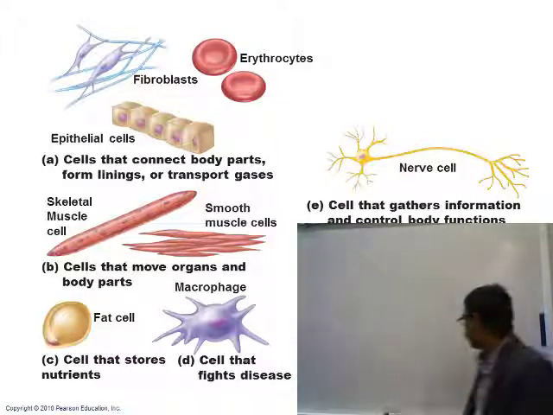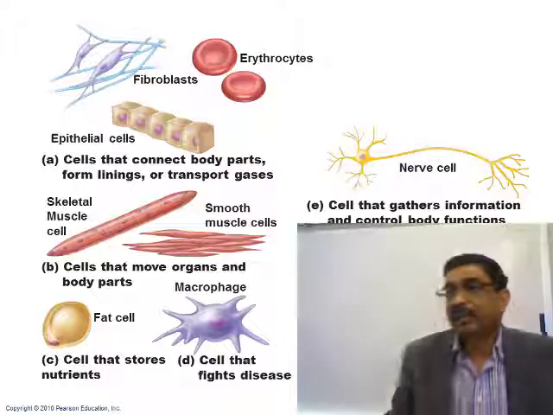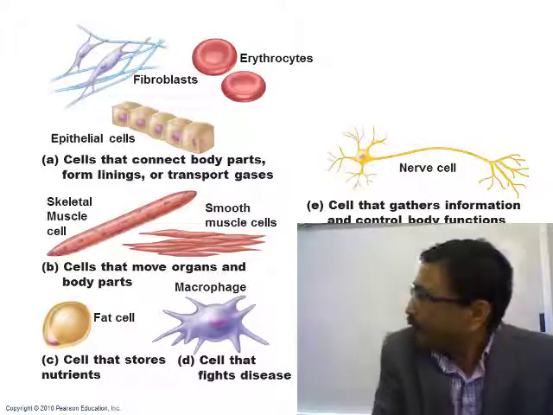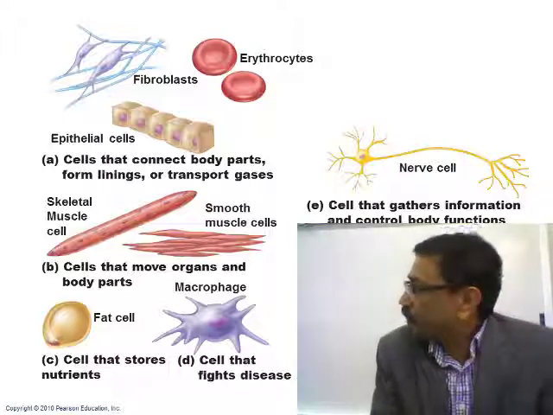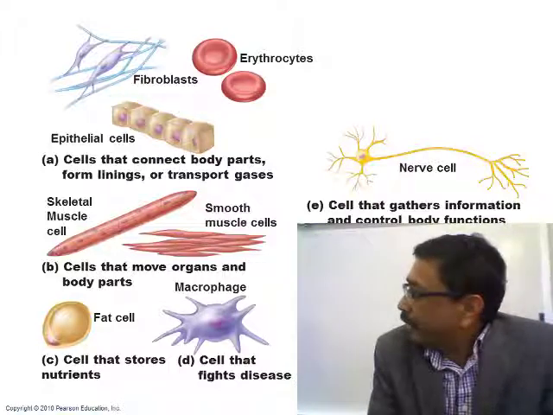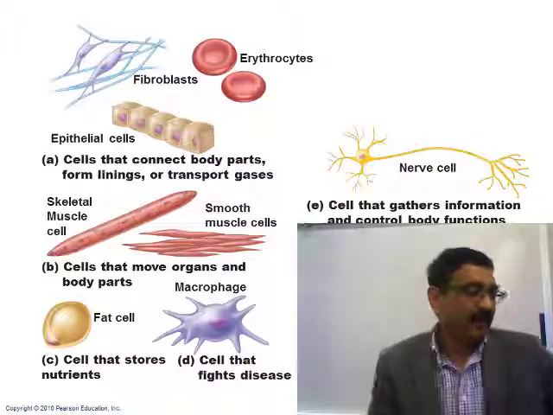So if you see cuboidal epithelial cells, they are cubical shaped cells, like cubes. Cuboidal epithelial cells cover the linings. All epithelial cells mostly cover the linings, form the linings.